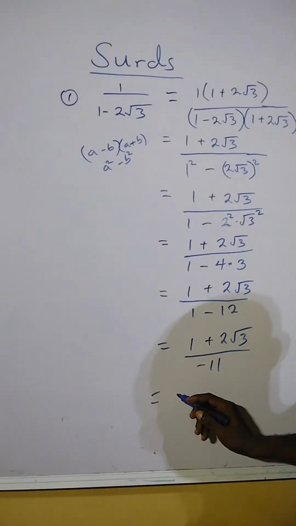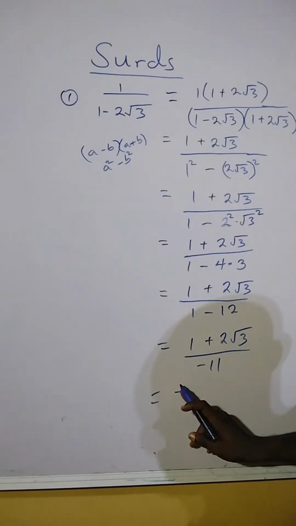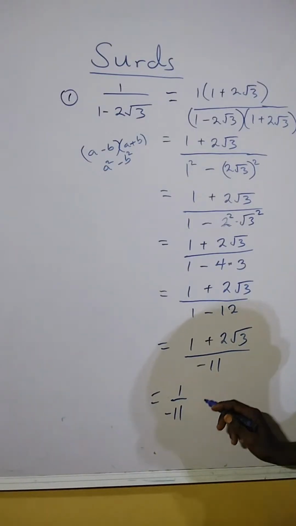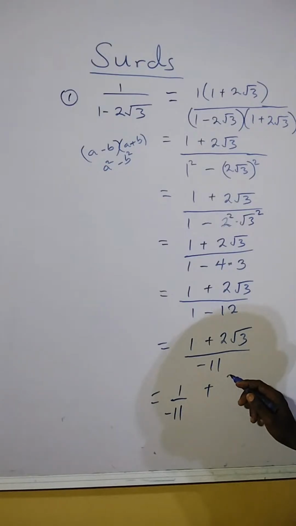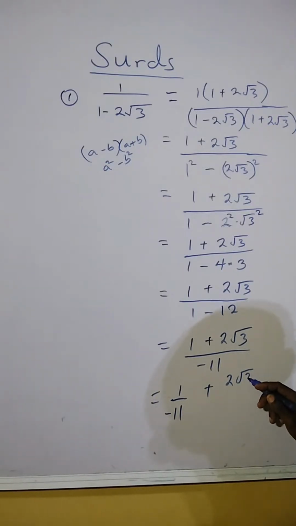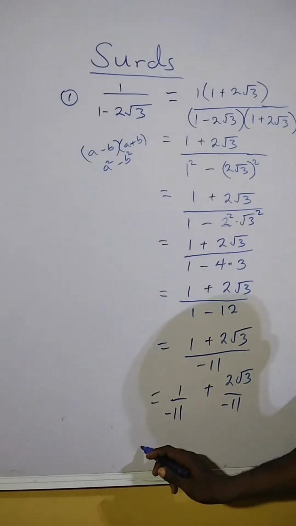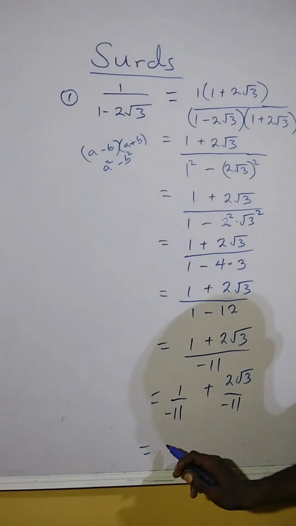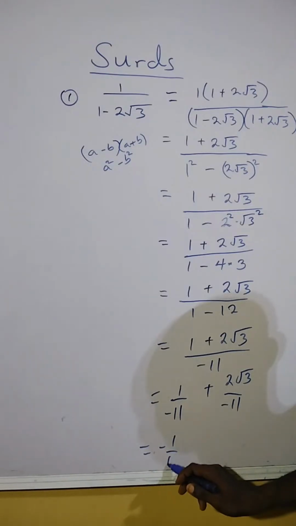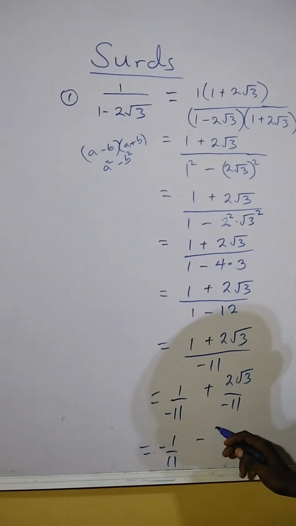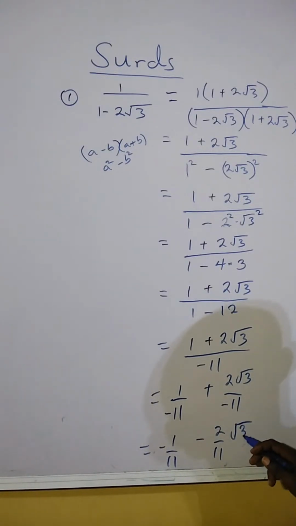That is, we can write this as 1 over minus 11, then plus 2 root 3 over minus 11. Also, this becomes minus 1 over 11, plus over minus, that's minus, minus 2 over 11 times root 3.